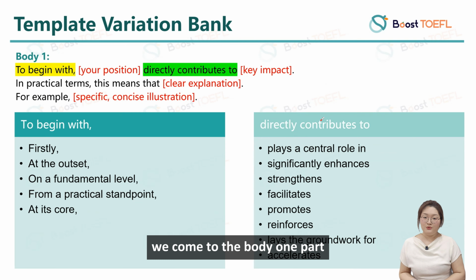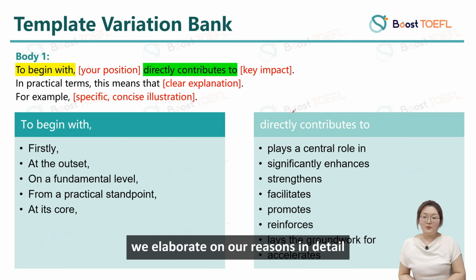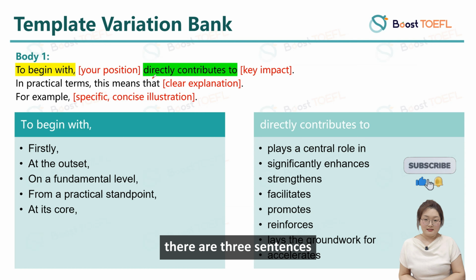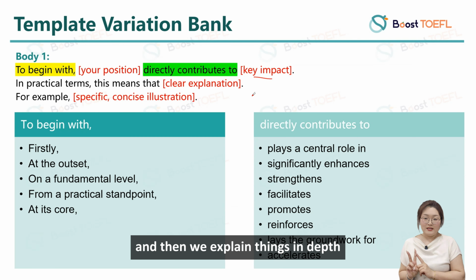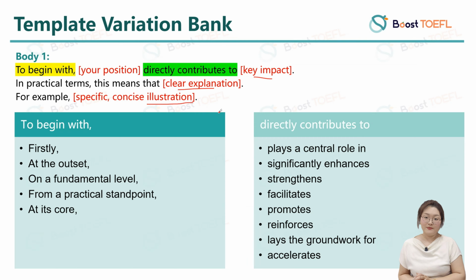Next, we come to the Body 1 part. In Body 1, we elaborate on our reasons in detail. There are 3 sentences. First, we point out the key impact, and then we explain things in depth. And finally, we give a specific example.